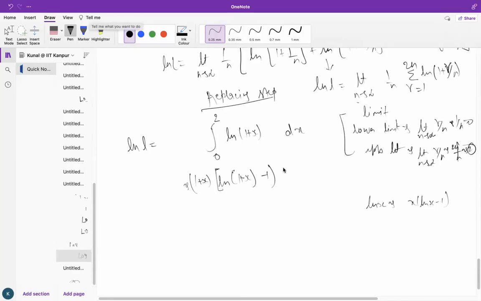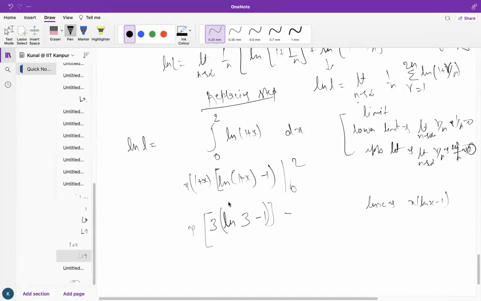So what we get, let's try to do here. Let me write it from 0 to 2. When we insert the limit, first insert the upper, so 3 ln 3, and there will be minus 3.